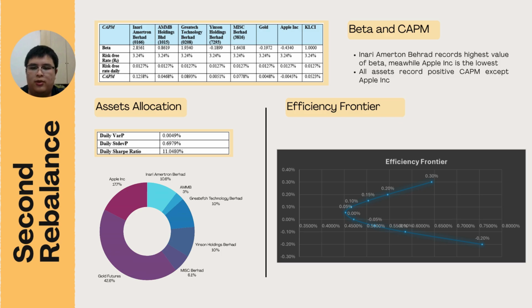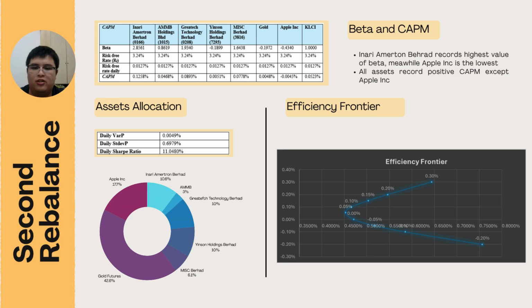We have allocated the weightage of all the assets, and Greatech Technology Berhad and Yinson Holding Berhad are set in contrast, where the weightage will be not more than 10% and more than 10% respectively to ensure profit gain. As a result, the total portfolio return has recorded a profit of 0.05% with a minimum risk of 0.6979%.